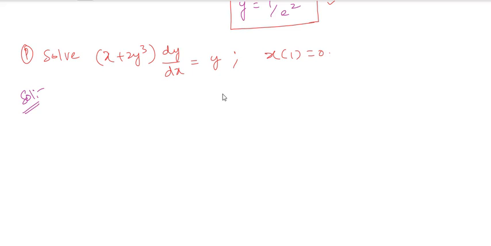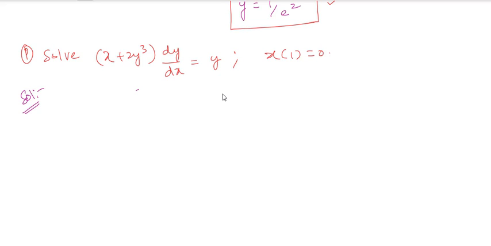So far, the problems I have done are linear equations in y. Now this problem will be a linear equation in x. So that is dx by dy plus Px is equivalent to Q. So try to do that.